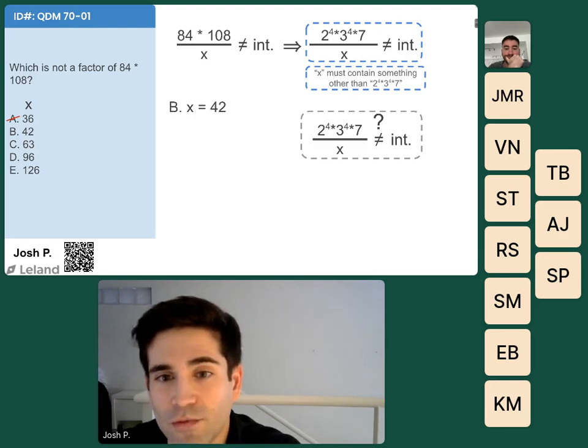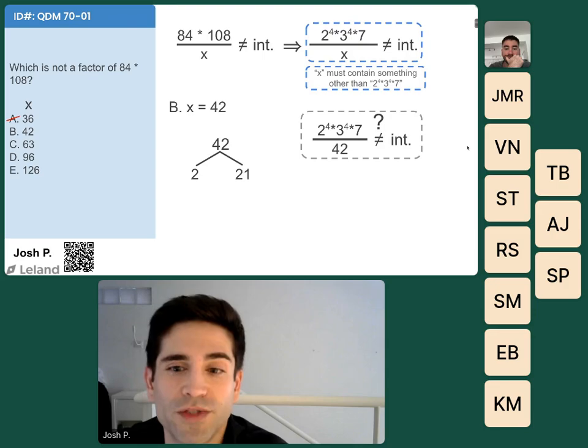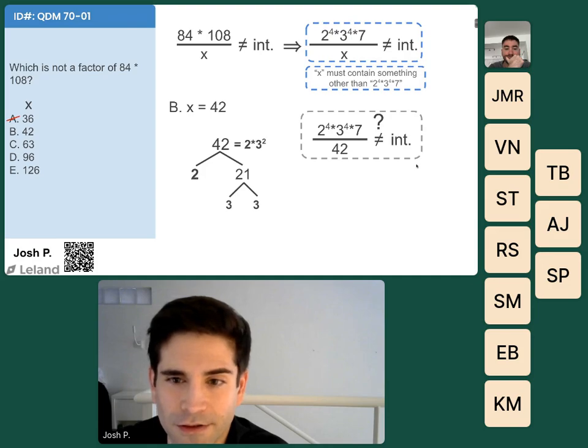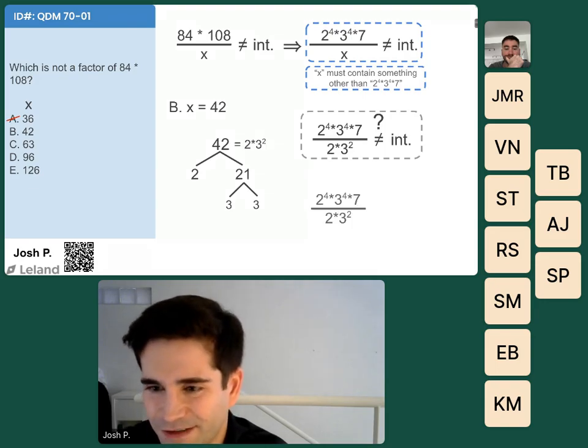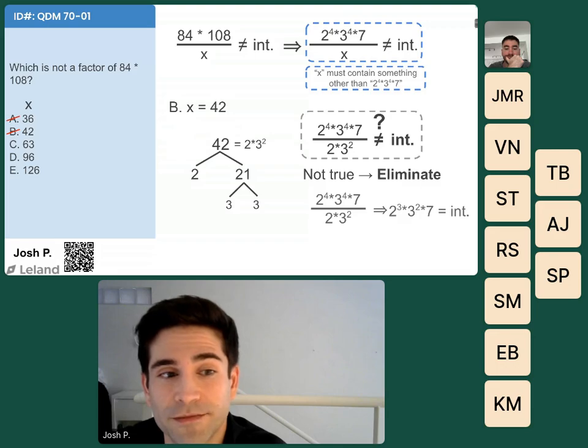B, x equals 42. 42 is 2 times 21. 2 times 21 is actually 2 times 3 times 7. Apologies for that. And this will give us an integer, and therefore this is an incorrect answer choice.